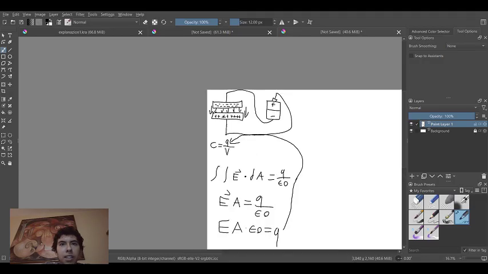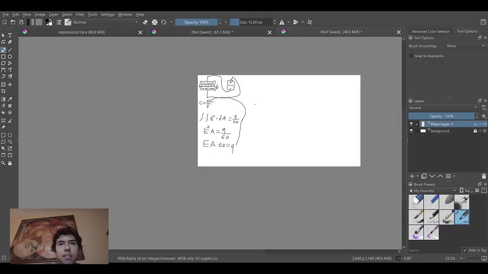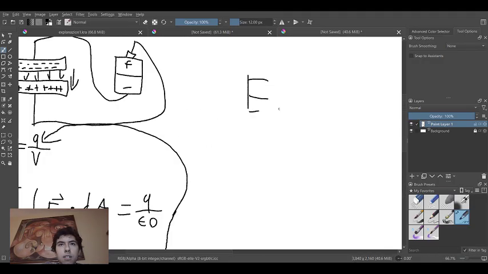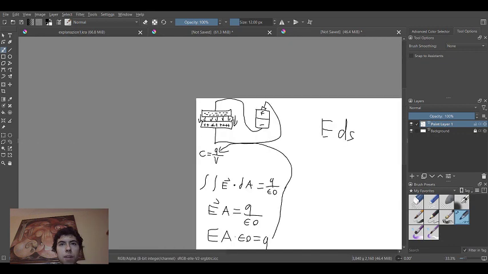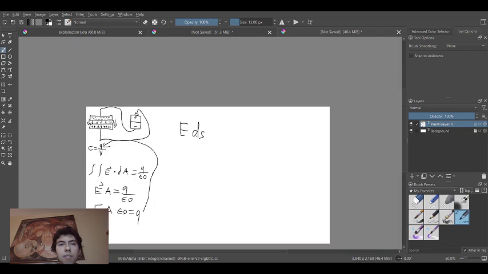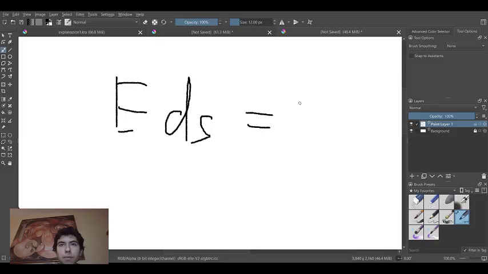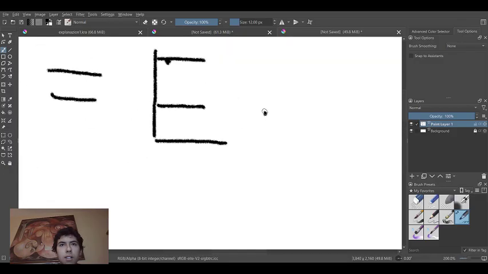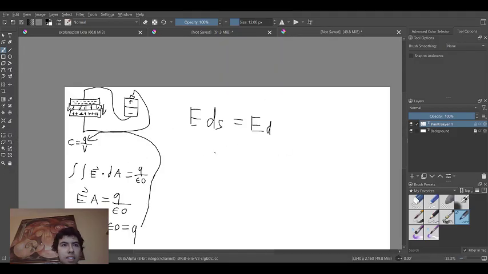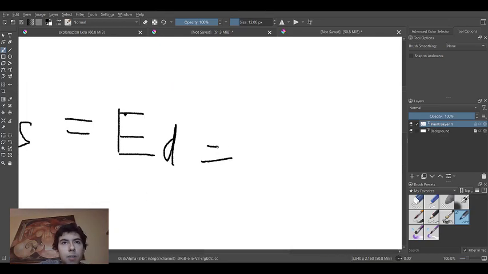So essentially, instead of R, in this case it's going to be E times ds, which is the distance between the two plates of the capacitor, which can be simplified to simply E times D. That's what we're going to do, and that equals V.